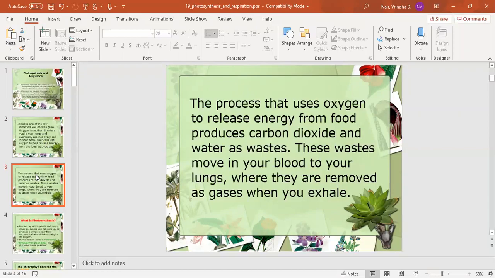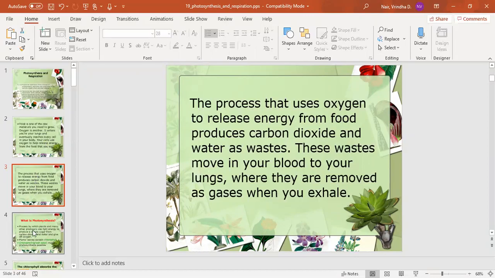These wastes move in your blood to your lungs, and are removed in the form of gases. This process is happening in our body on a day-to-day basis, right? In the same way, this happens in the leaves too.